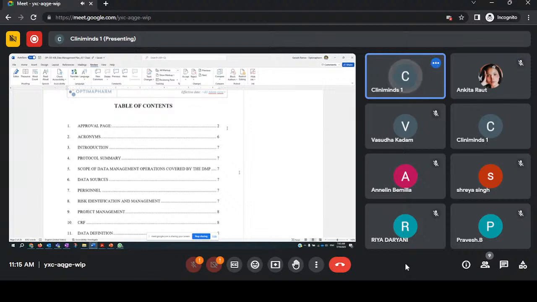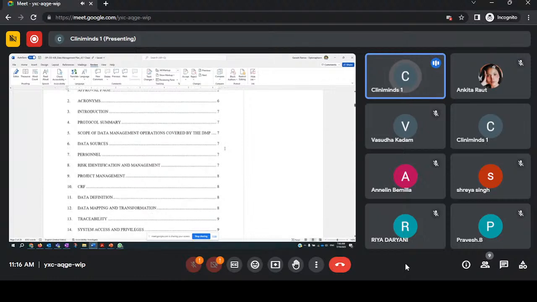Then reviewers, people who are responsible for reviewing the document, and the responsible parties, maybe the sponsor and other stakeholders who will be approving it. We need to get their signatures so that we consider it signed, dated and approved, right? Then you may have the introduction of the DMP, the purpose of it, the scope of it, then the protocol summary, like in short, the protocol objective and all other things.